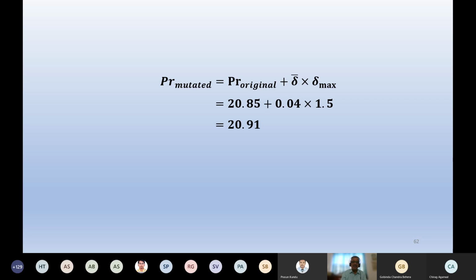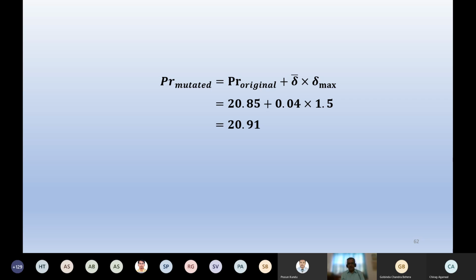So there is a little bit of change in the mutated value of this particular variable using the polynomial mutation. I hope the principle of this real coded GA is clear to all of you. This is the working principle of the real coded GA.